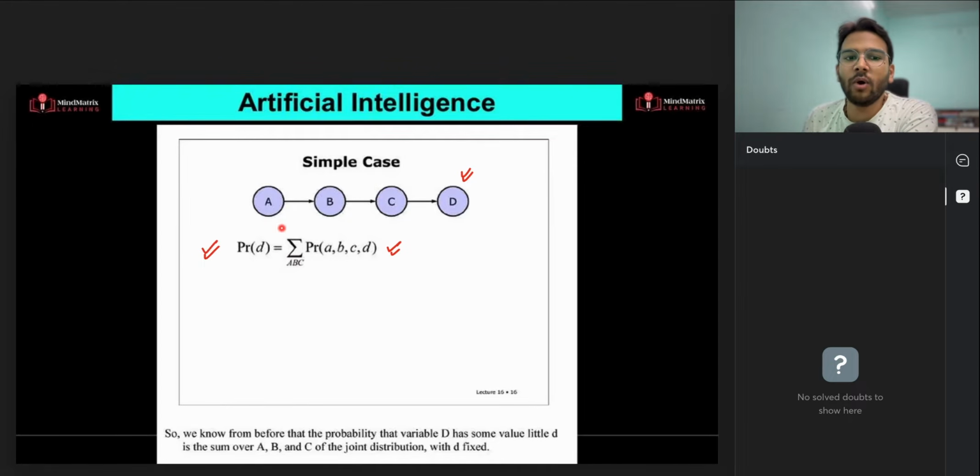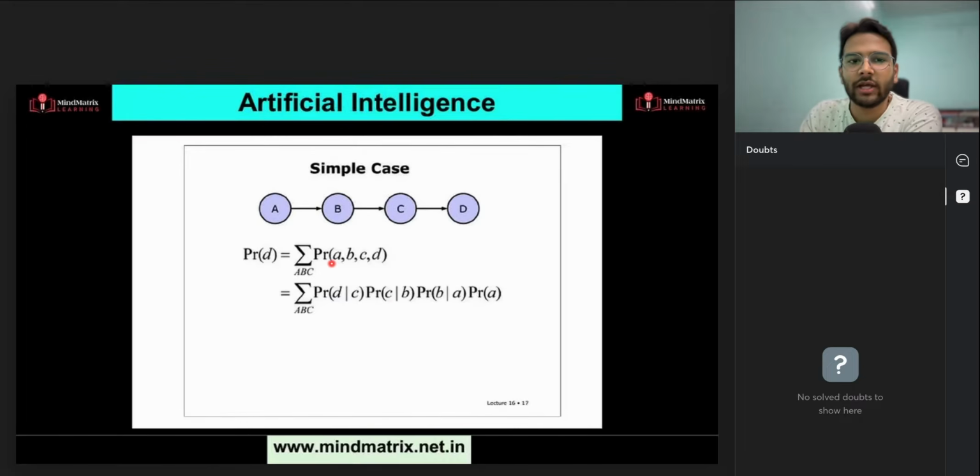So I will sum over all those variables A, B, and C for this joint distribution. Yes, that is correct. So we are going to sum over the hidden variables A, B, and C, and we can write this distribution like this. And further, instead of writing this joint distribution, we can also write like this.